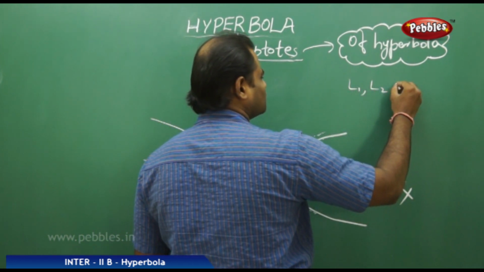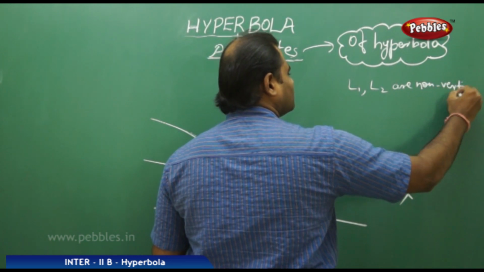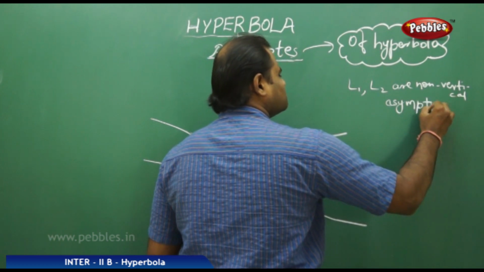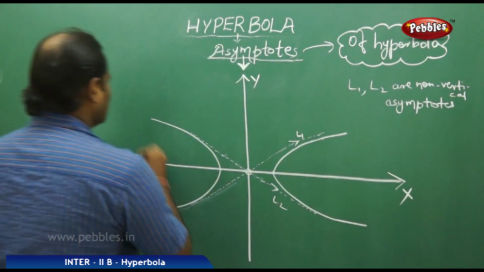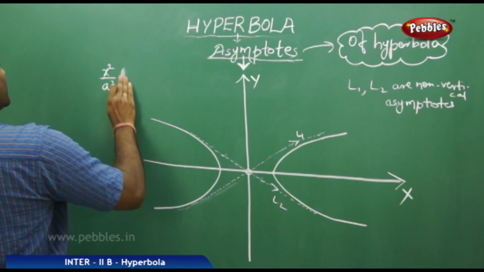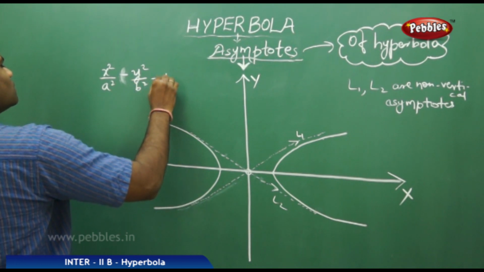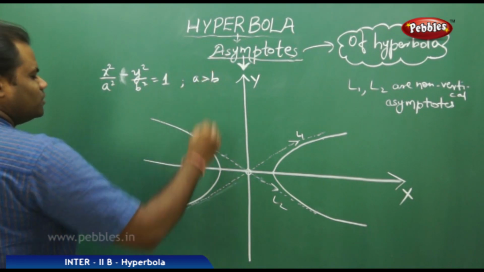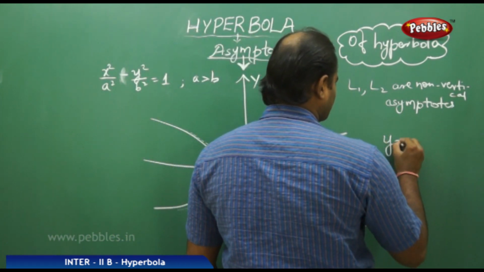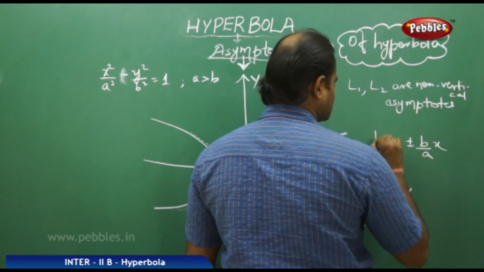L1 and L2 are non-vertical asymptotes for the hyperbola given in the form x squared by a squared minus y squared by b squared equal to 1. So these two asymptotes are given by the equation y equals plus or minus b by a of x.